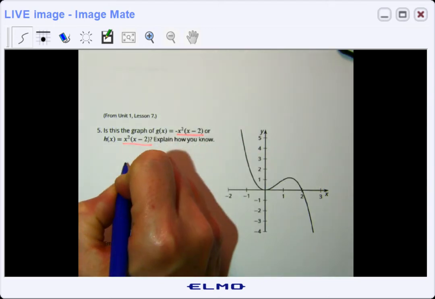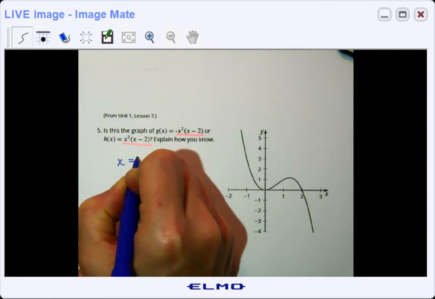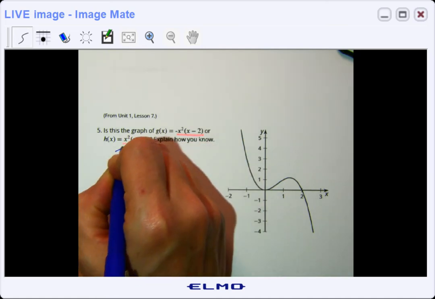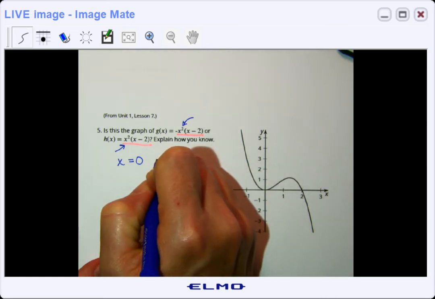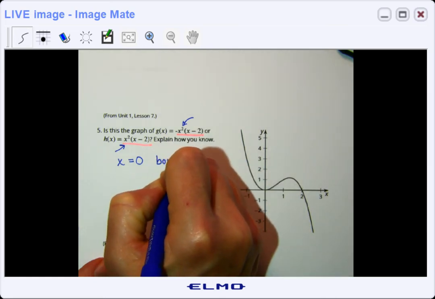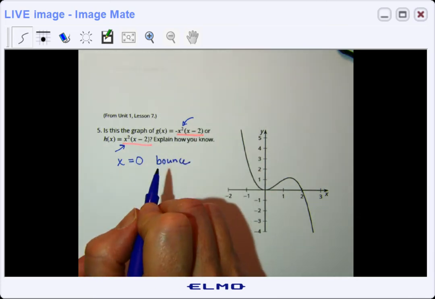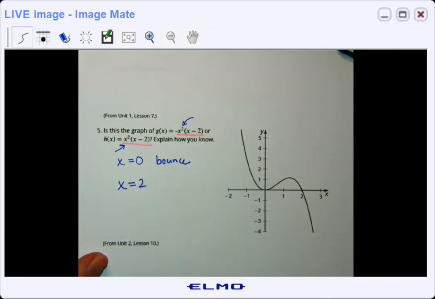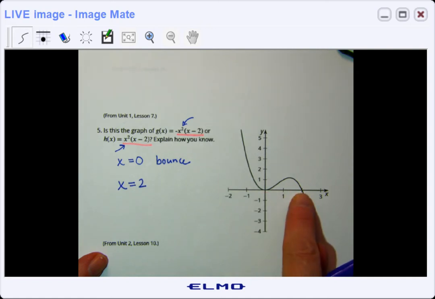And so what that tells me is that there would be a 0 at x equals 0. And because of the fact that it has a multiplicity of 2 in both examples, it would create a bounce. Okay? And then also they both contain the factor x minus 2, which means there's another 0 at x equals 2. And so the graph shows the bounce at 0 and that it passes through at x equals 2.